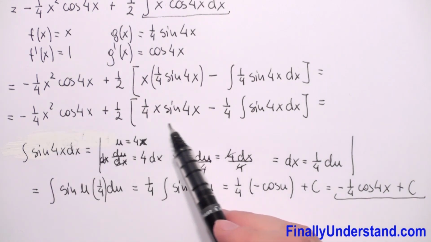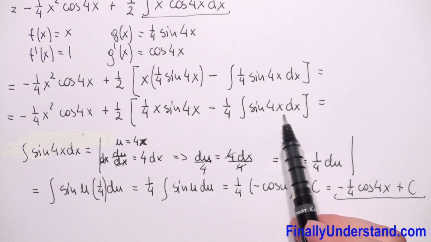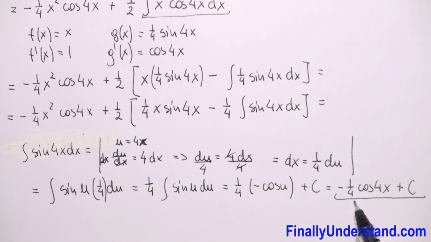Now we'll come back to our expression. Beginning we need to copy, and integral of sine of 4x we have to replace by negative 1 over 4 cosine 4x.